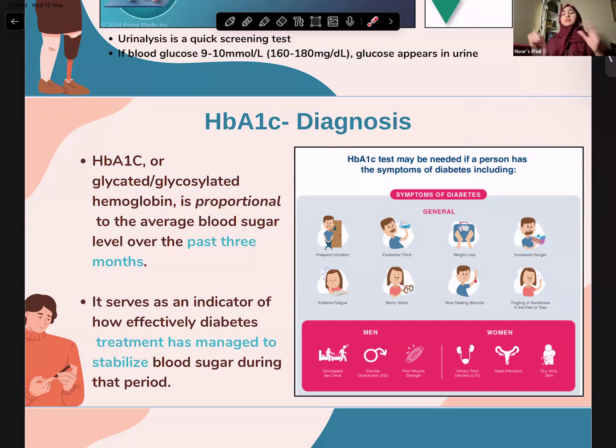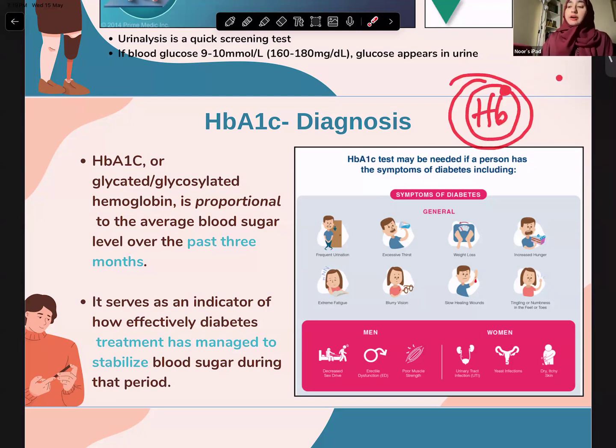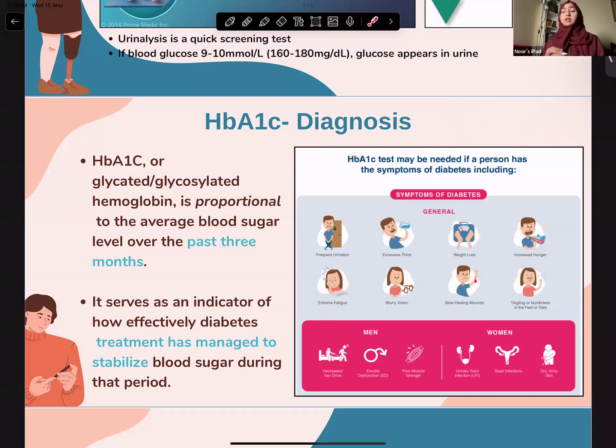Now, why the past 3 months? You know how red blood cells have hemoglobin? And I just said that hemoglobin has glucose attached to it in about 1% of the hemoglobin. And we know that the lifespan of red blood cells is 3 months. Now, because the lifespan of red blood cells is 3 months, the hemoglobin living within the red blood cells will also be there over a span of 3 months, including the glucose that is attached to the hemoglobin.